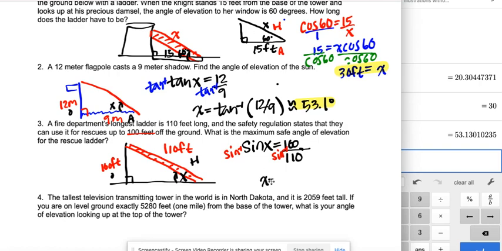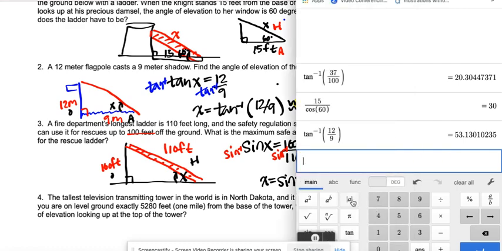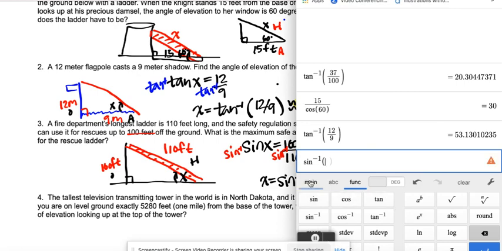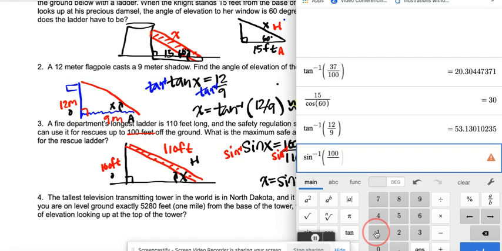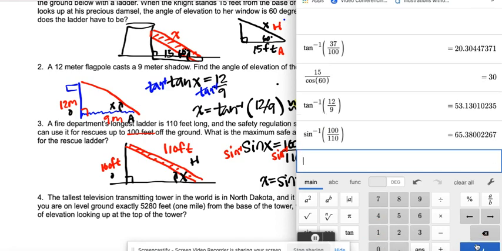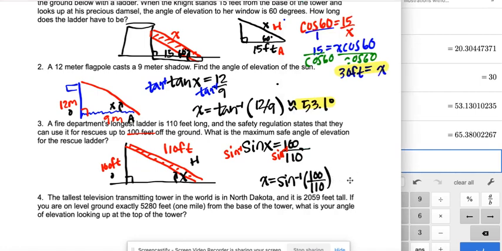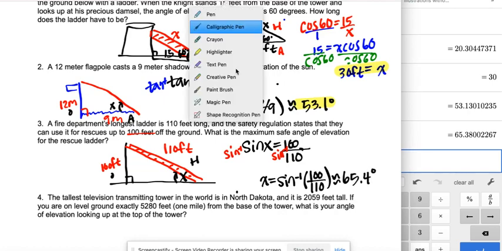So now I have x is the inverse sine of 100 over 110. So back here, inverse sine, 100 divided by 110. So 63.4 if we're rounding correctly. 0.4 degrees.